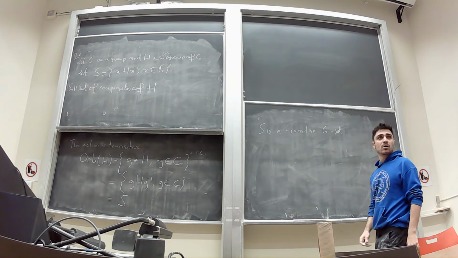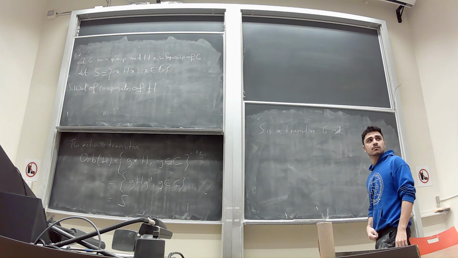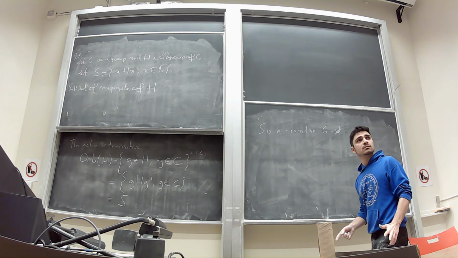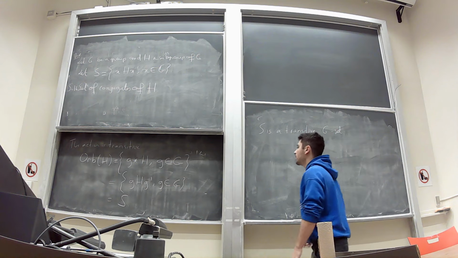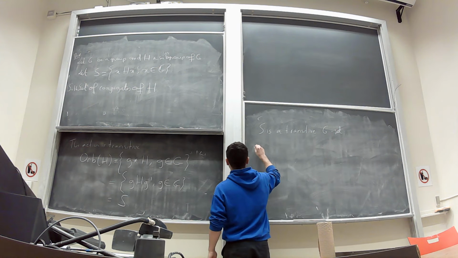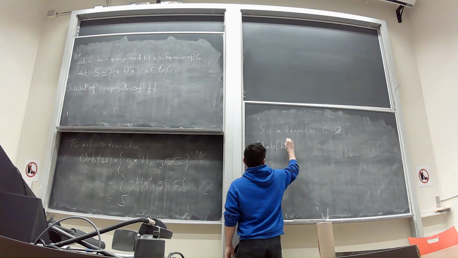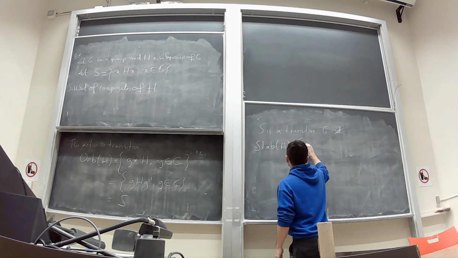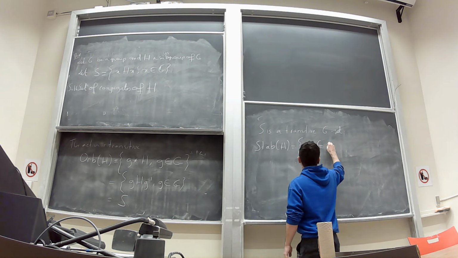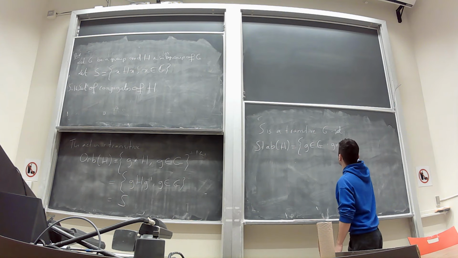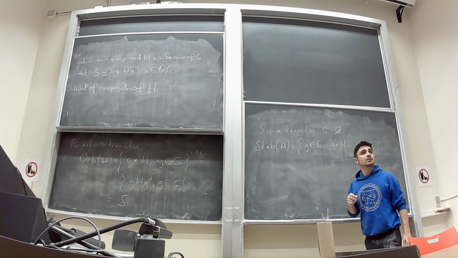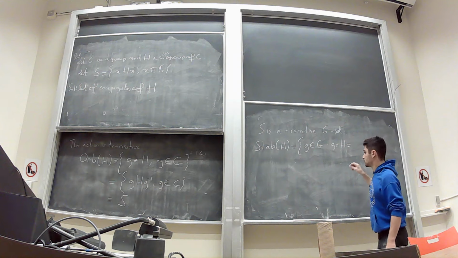Okay? Are we good here? So far so good? Great. Now what is the orbit stabilizer here? Well, what is the stabilizer of H? This is the set of g in G such that g star H is equal to what? Everyone? H. Yeah, very good.